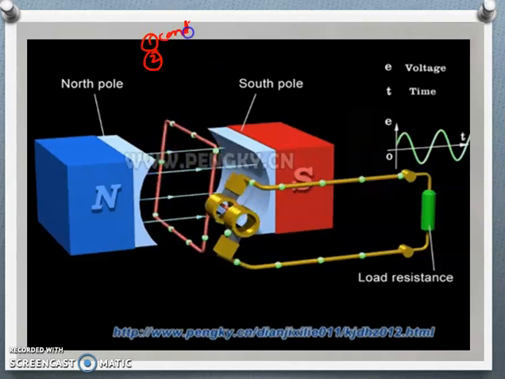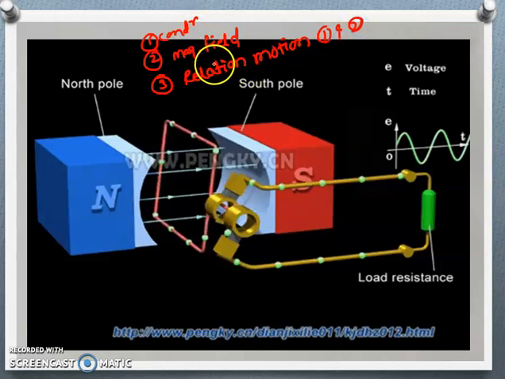First will be the conductor, second will be the magnetic field, third will be a relative motion between first and second. If these 3 conditions are satisfied, we will get the EMF, and this EMF is in this form.